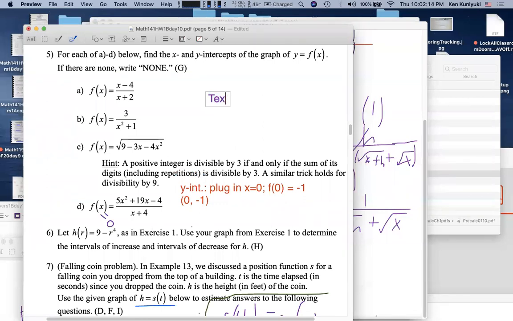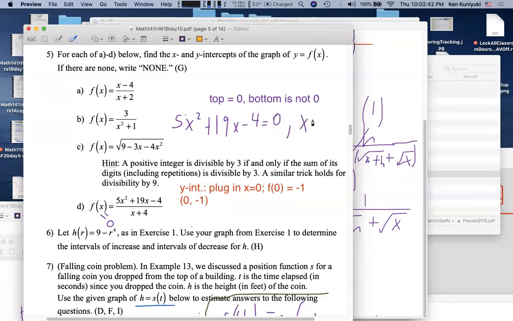All right, so when does a fraction equal 0? A fraction equals 0 when the top equals 0 and the bottom is not 0. So we need 5x squared plus 19x minus 4 equals 0, and x cannot be -4.